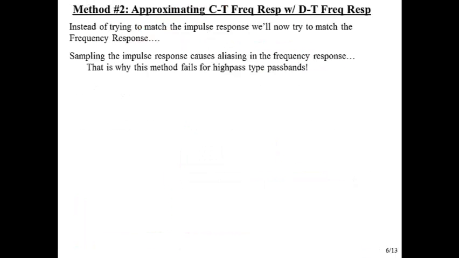So that's method number one. Method number two works in the frequency domain. So instead of trying to match the impulse response, we try to match the frequency response of the continuous time system. And it turns out that this method works very well even for high pass types.